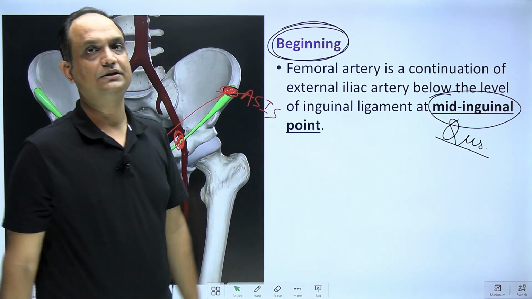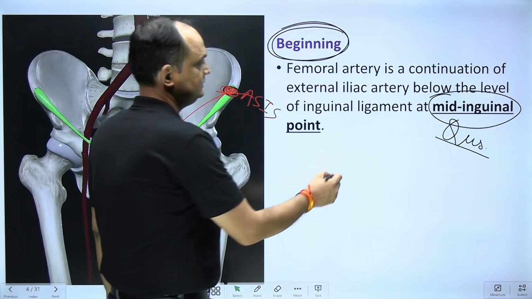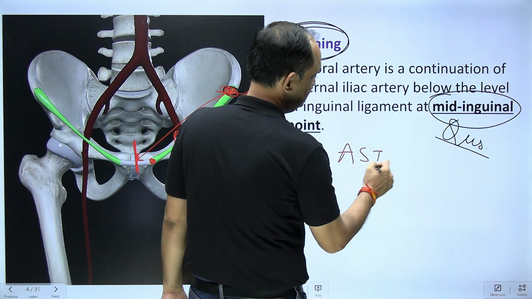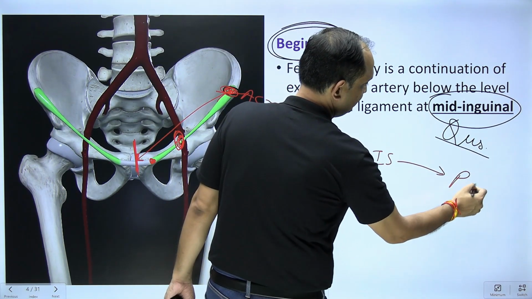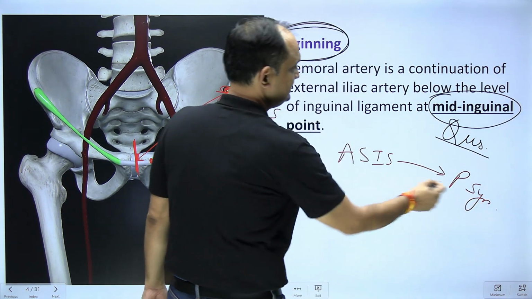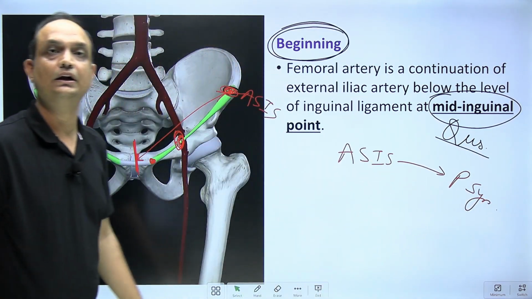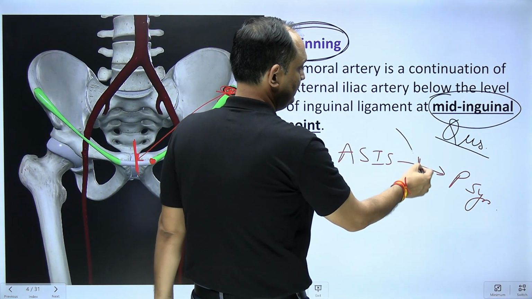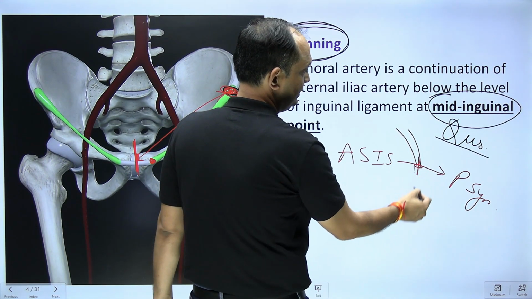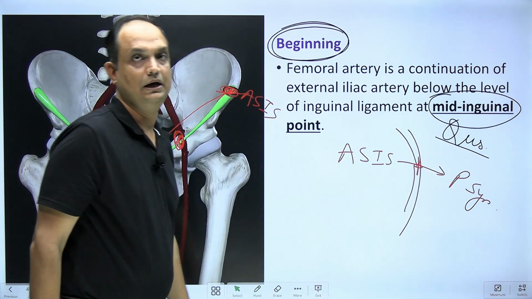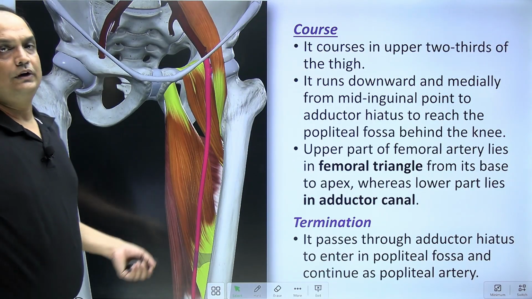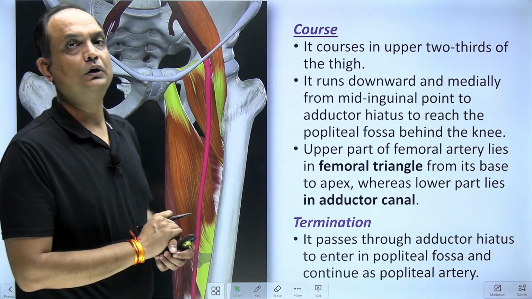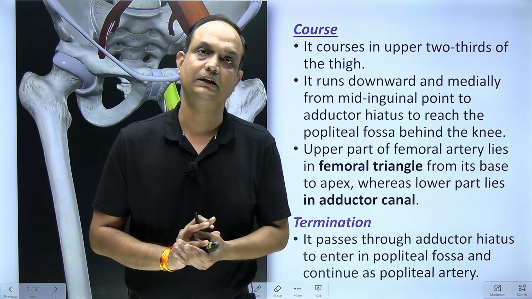In today's lecture we are dealing with the distance from ASIS to the pubic symphysis, clear, and this is your mid-inguinal point, and at the mid-inguinal point your external iliac artery continues as the femoral artery. So what is the course of this femoral artery when you see it in the thigh?